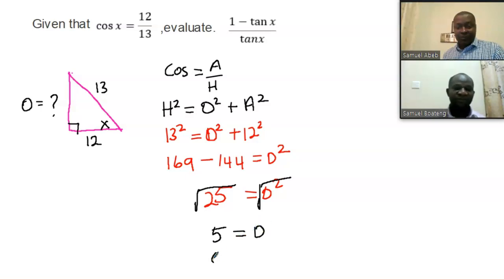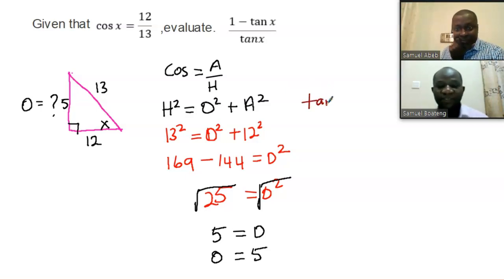Now let's go to the expression. Let's find tan x. Tangent of an acute angle is the opposite side over adjacent. So from the diagram, tan x will be equal to 5 on 12.